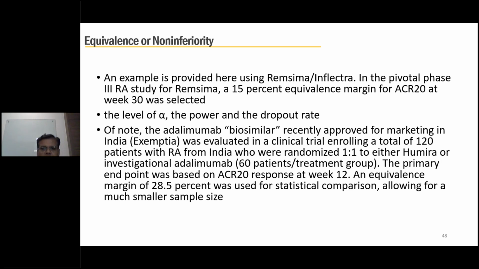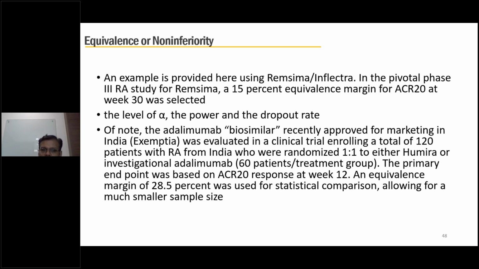Only 60 patients in each group, and their primary endpoint was also based on ACR 20, as was the case with Remsima or the innovator. The innovator did it for 30 weeks. However, Zydus did it only for 12 weeks. And the margin from the innovator's perspective was 15%.